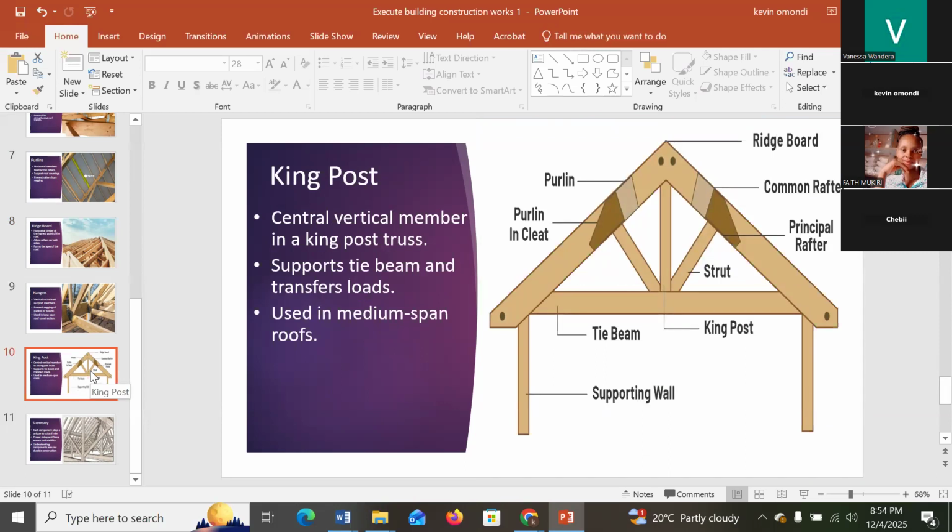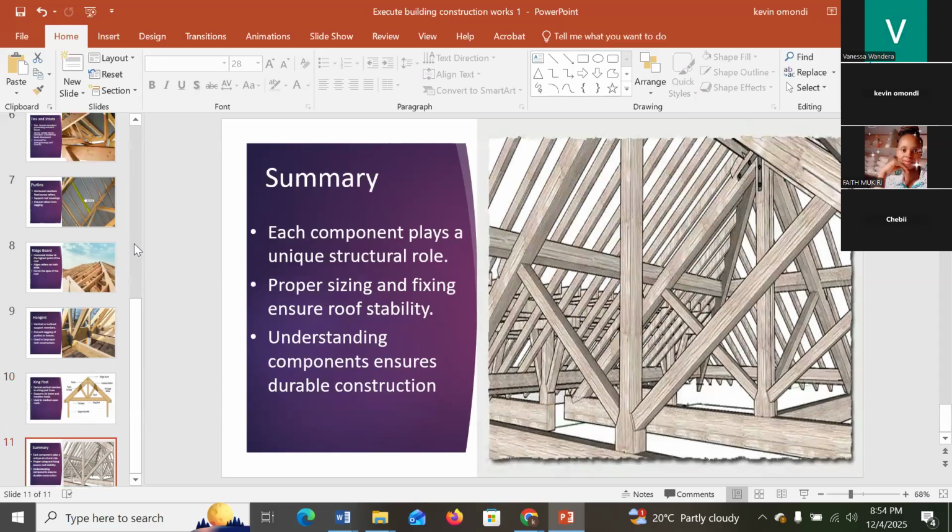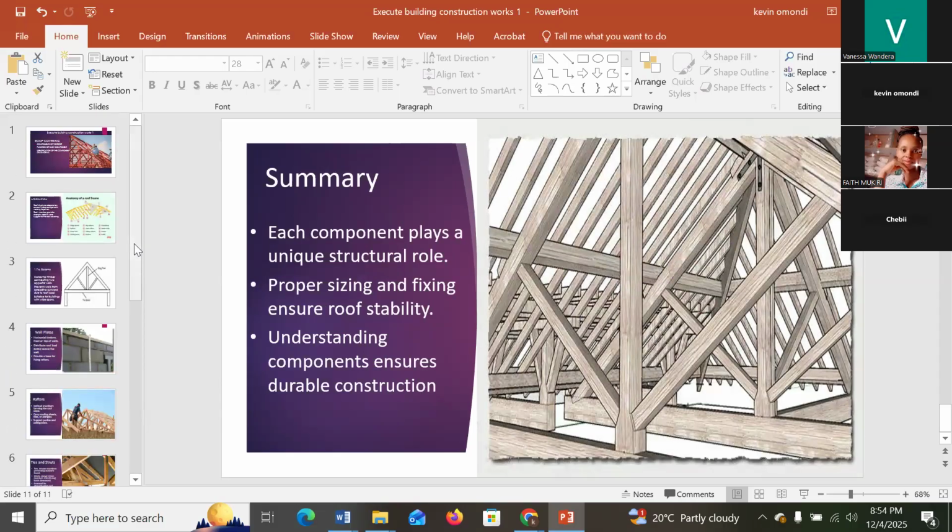And now in our summary, each component you have seen plays a crucial role. After combining all these components, we come up with a roof, which makes the roof complete.